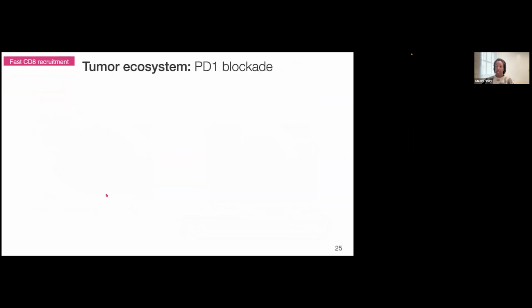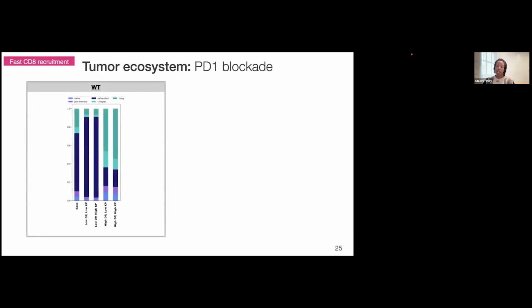And when we do that, we again see a drastic shift in the number of exhausted T cells compared to pro-memory T cells. What I'm showing you is varying the death probability and the killing probability of CD8 positive T cells compared to baseline. You can see how that might change, even for the wild type case without any PD-1 blockade, the number of exhausted T cells that the model predicts.